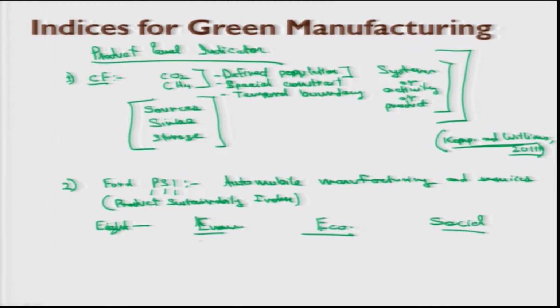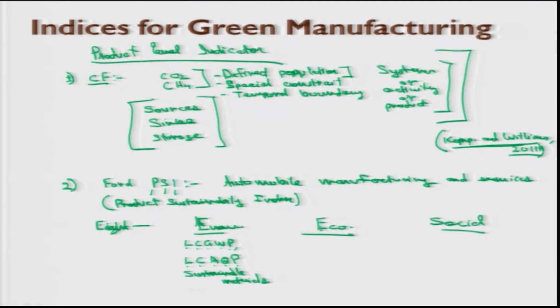So, in environmental indicators they have life cycle global warming potential. Then they have life cycle air quality potential. Then they have sustainable materials. By sustainable materials we mean biodegradable materials that are being incorporated in automobile manufacturing here.